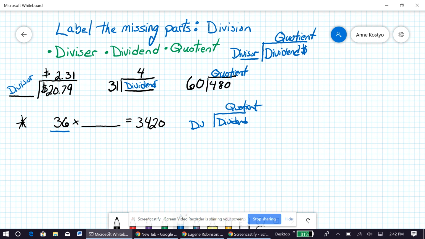Since our operation is multiplication, we are going to divide this side by 36. But if we do that to one side across the equal sign, we must do it to the other side across the equal sign. So now our 36 over 36 becomes 1. And now we have a fraction.